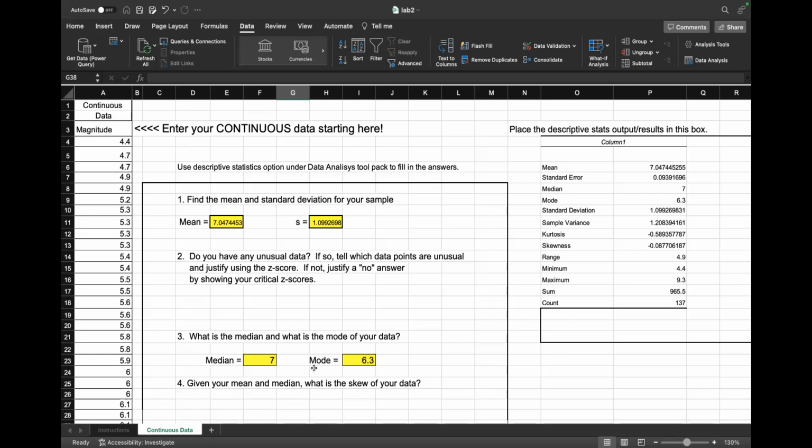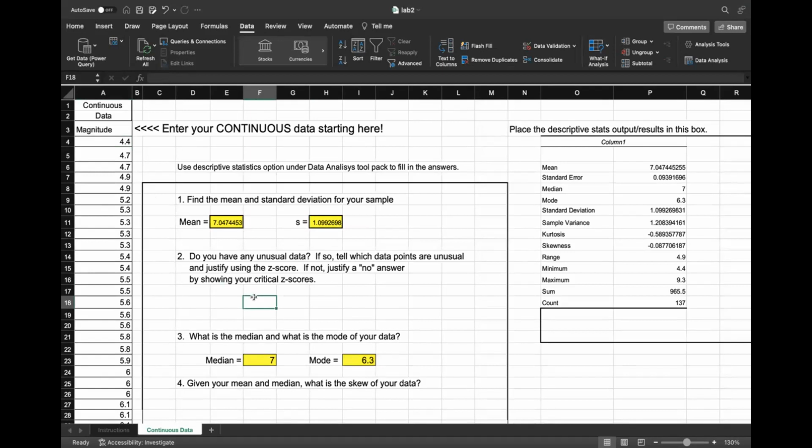You are not using quartiles. You could calculate your critical Z-scores. You could determine what 2 standard deviations above the mean is and what 2 standard deviations below the mean is, and then determine if you have any values lower than those or higher than those, or you can calculate your Z-score.